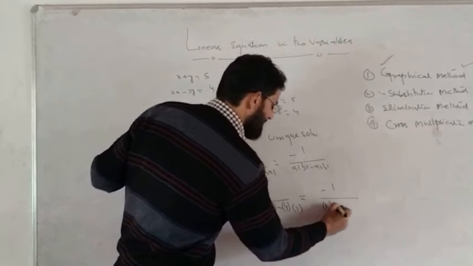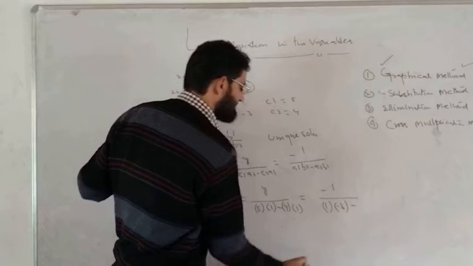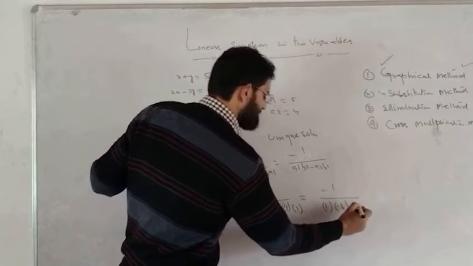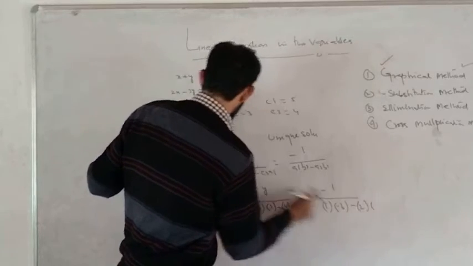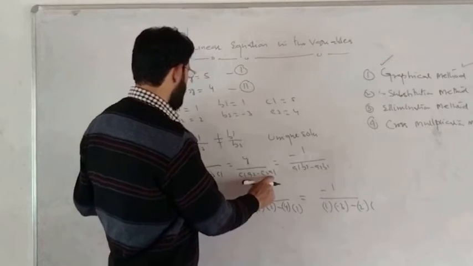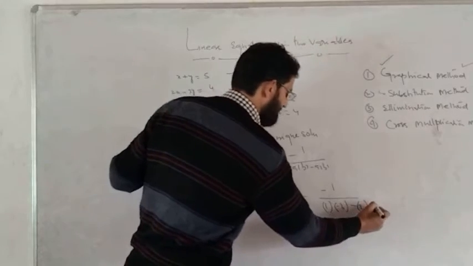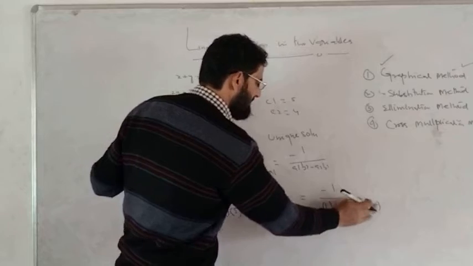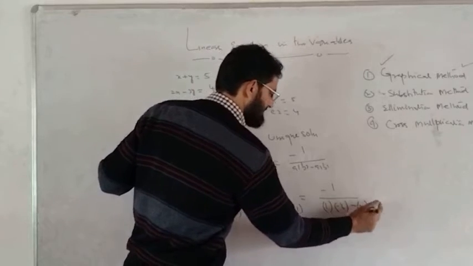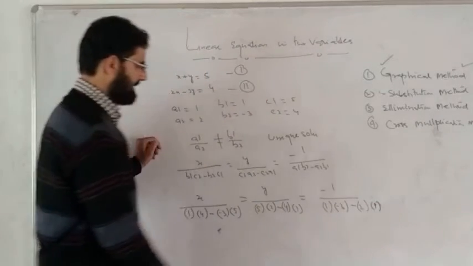It is minus 3, minus a2, which is 2, into b1, what is b1? b1 is also 1.